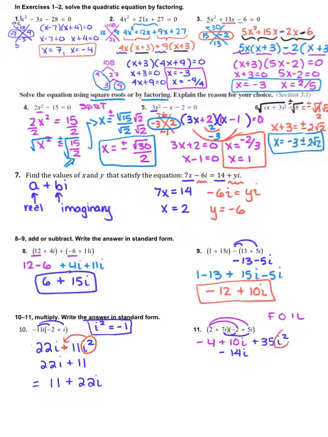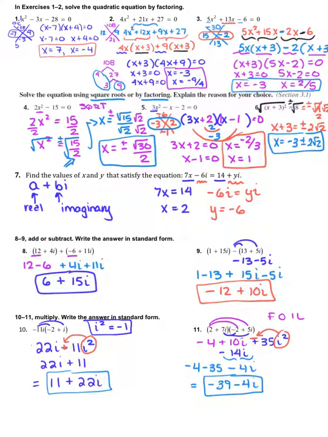And so this i squared never appears in your final answer. It's going to make this a minus. So combining like terms, I have negative 4 minus 35. And then these two become 10 minus 14, which is minus 4i. So your final answer is negative 39 minus 4i. Okay? And then on to the back page.